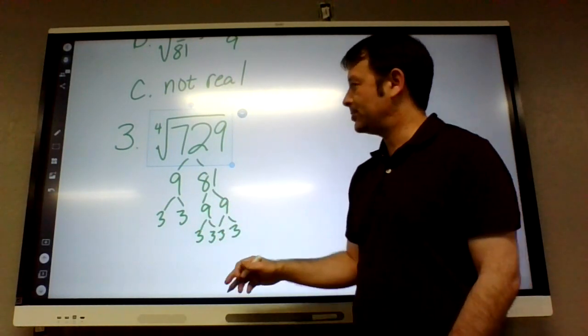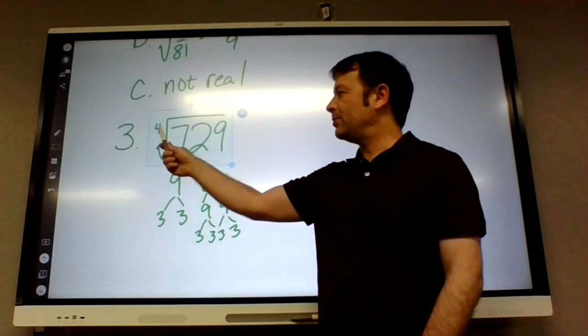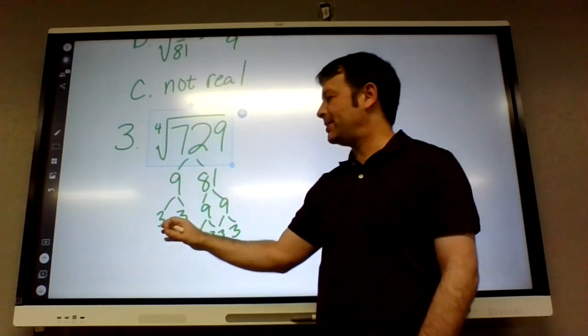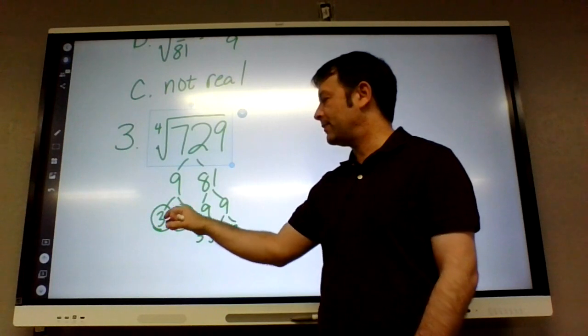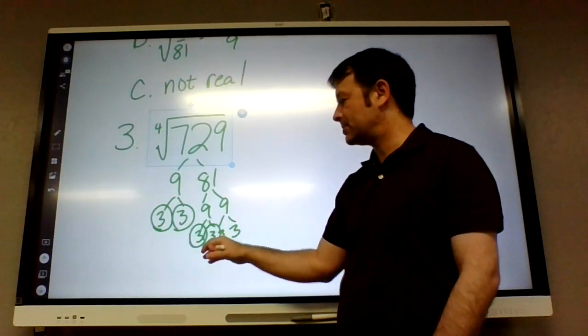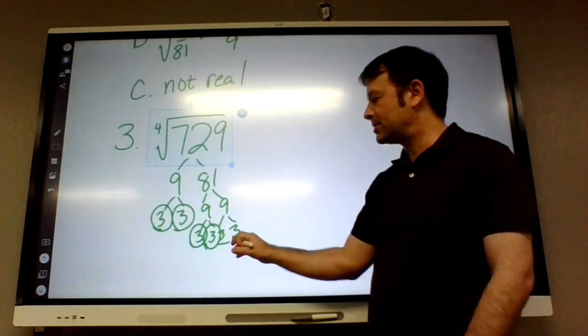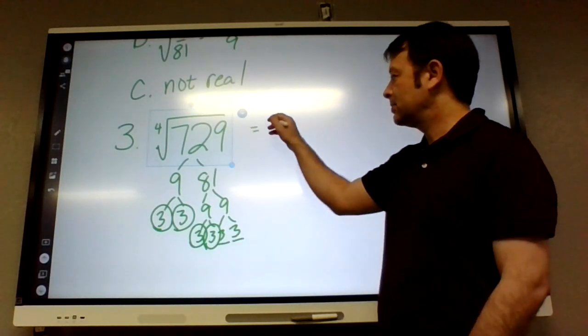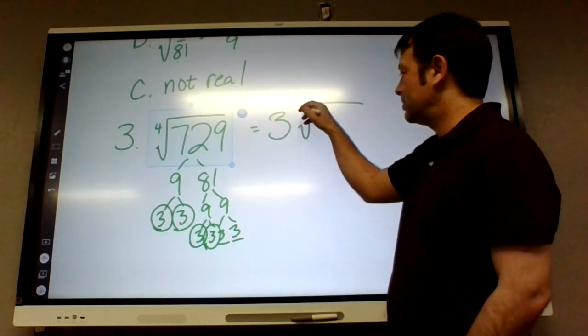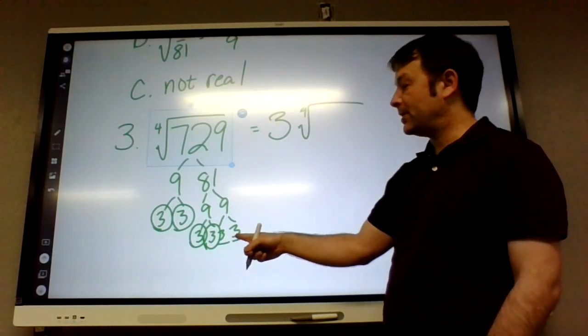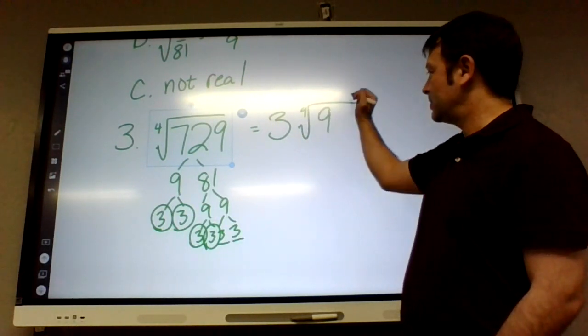Alright, you guys remember how this works? This is a 4th root, so to escape the jail, you need to have at least 4 of them. Well, exactly 4 of them, I should say. So there is 1 3 that's going to escape, and what's left behind? 3 times 3 is left behind. So 9 is left behind.